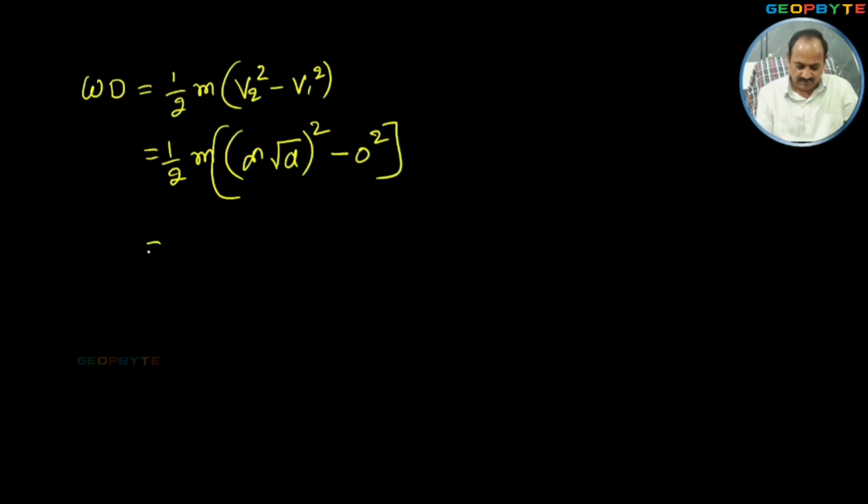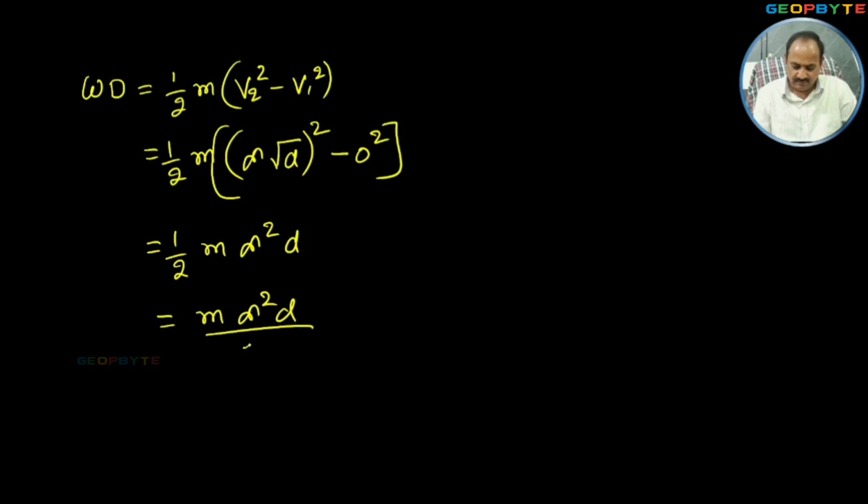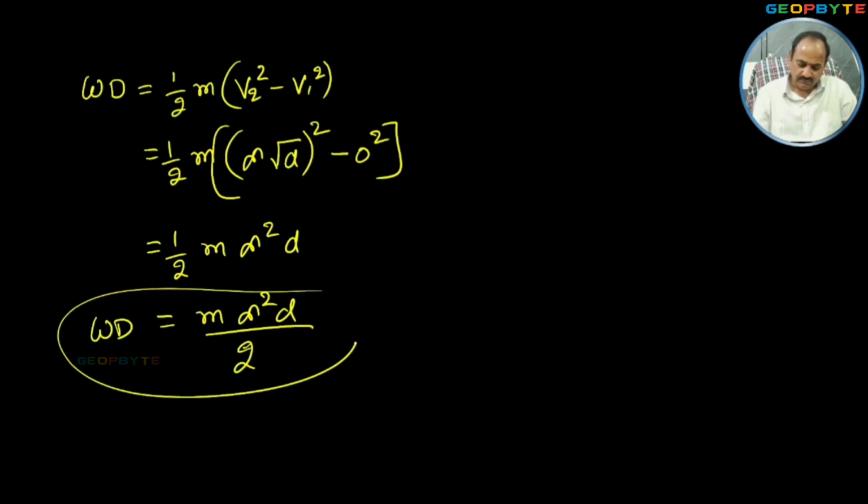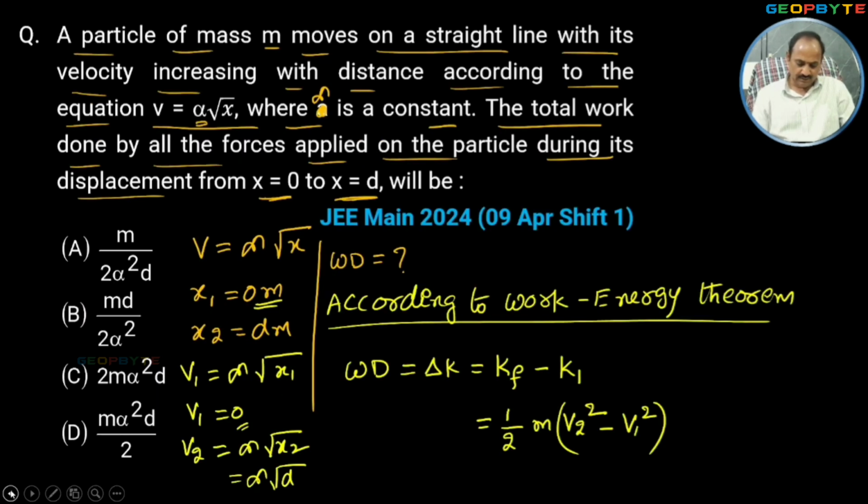Now you simplify it. It is equal to half into m into alpha square d. So the answer is m alpha square d by 2. This is the work done for the particular problem. Look at option D. Option D is absolutely correct.